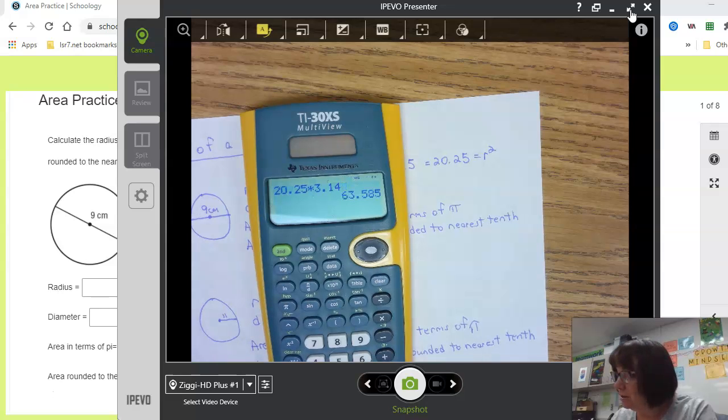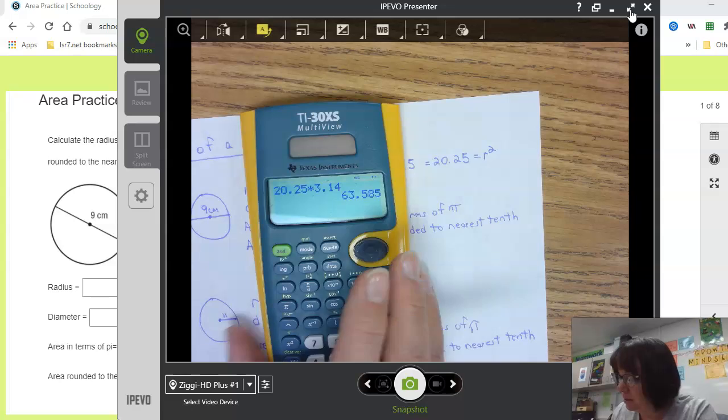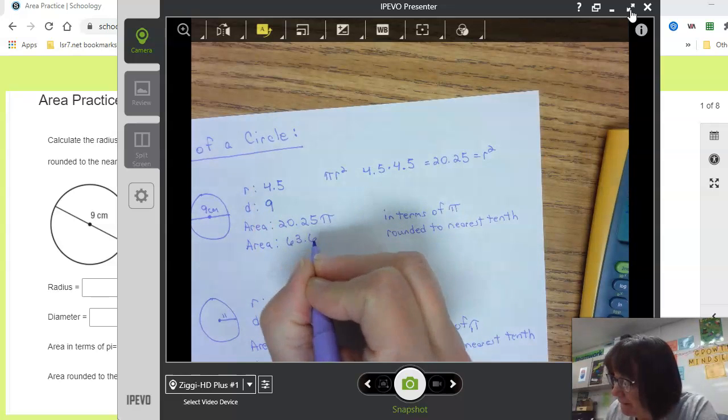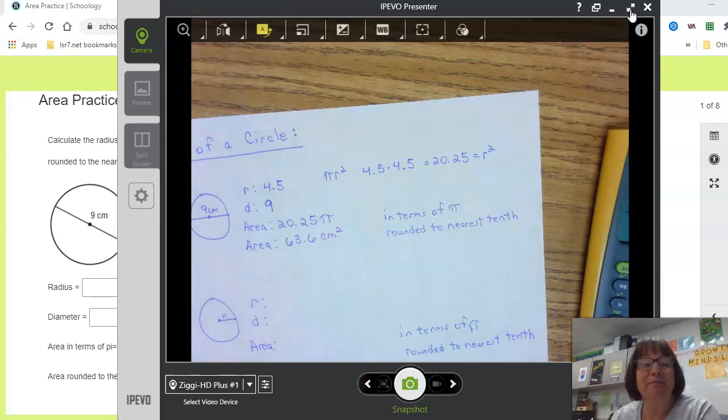And we're rounding to the nearest tenth, so that 8 tells me to move the 5 up to a 6. So it's going to be 63.6. And these were centimeters, so it would be centimeters squared.